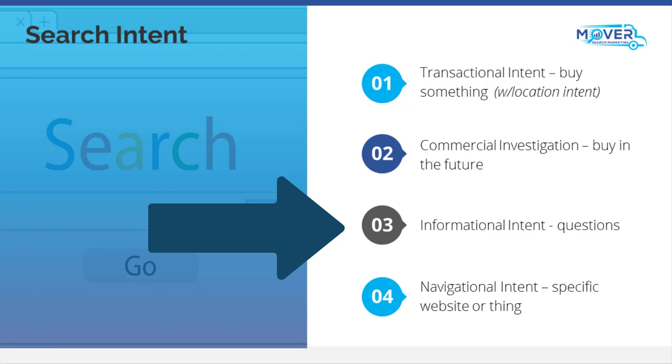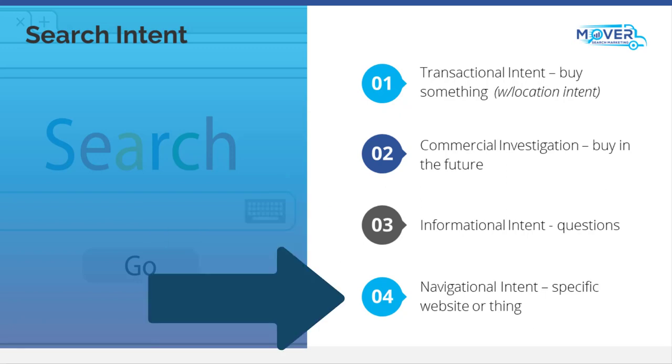Think about it. Don't people start to research new places that they might move to, or how to prepare for a move? They might look at homes, sign leases, look for a new church. Oh yeah, yes they do. So if you can rank high in search for keywords with informational intent, where the intent is a move in the future, you have a potential moving customer on your website.